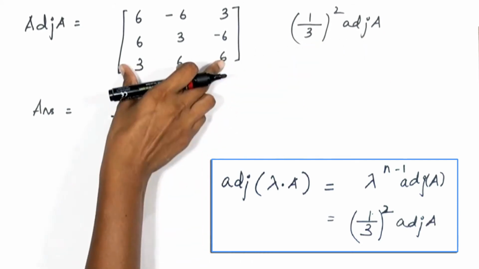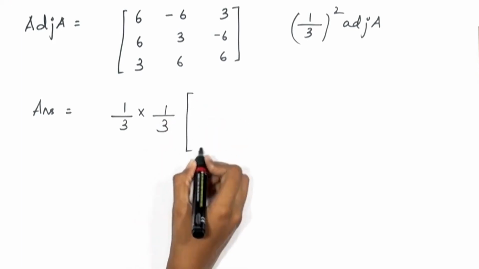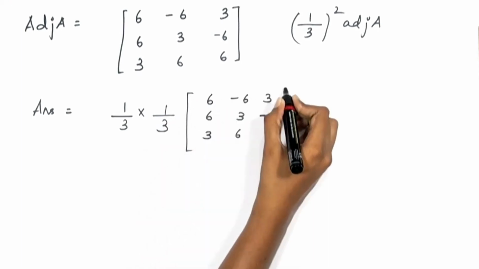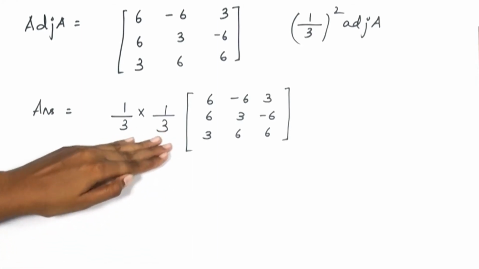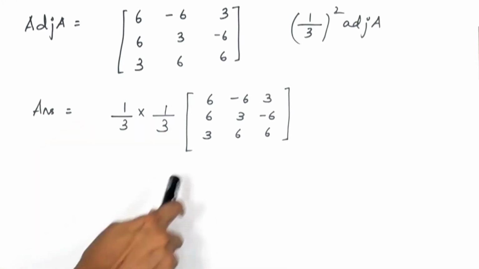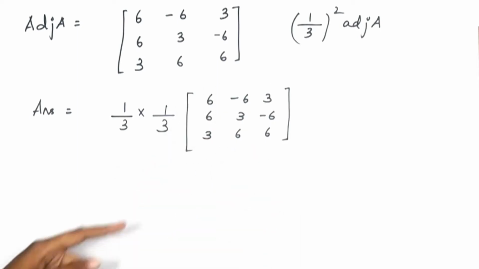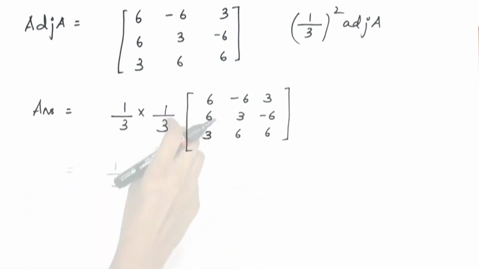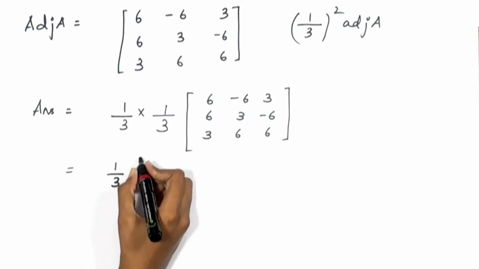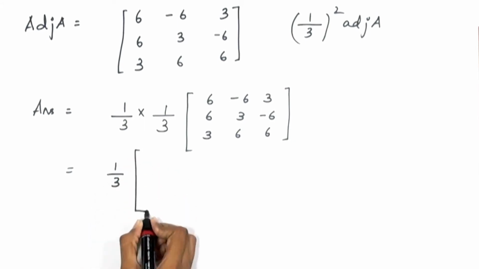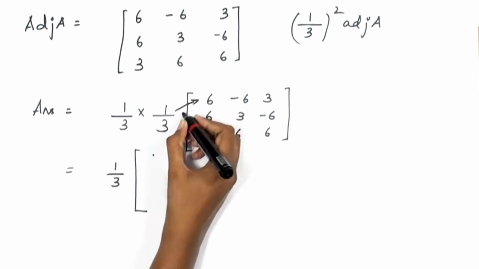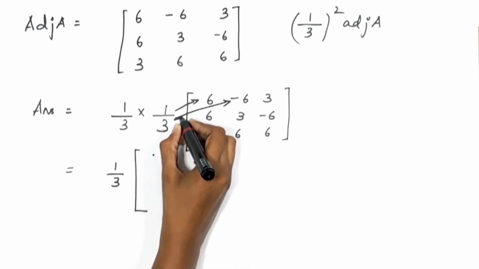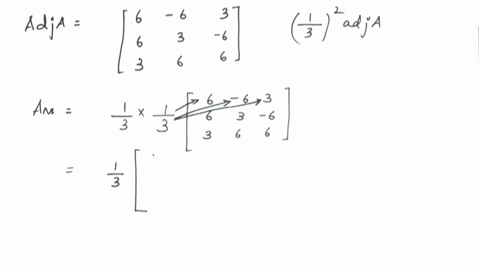And Adj is nothing but this matrix. The reason why we are separating these terms is that each and every element from this matrix can be divided by 3. Now multiplying 1 by 3 with each and every element of the square matrix. This with this, this. So each and every term is multiplied with 1 by 3.